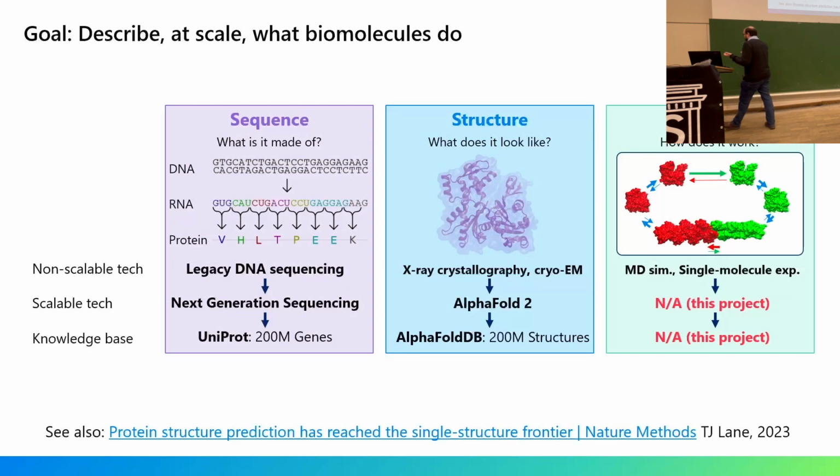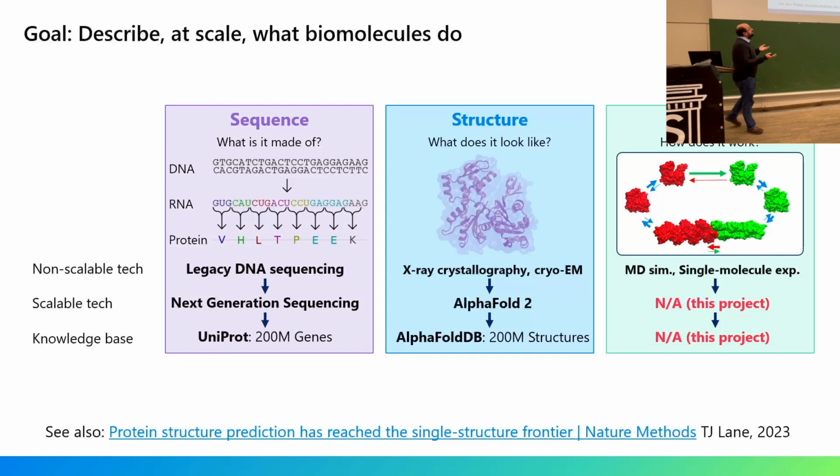And that's where we want to set in. So going from this basic variety, I already teased that, is where we have sequence, structure, and function. We can look at it and see what kind of methods are already available. In sequence, there was a lot of progress. So there was this old legacy DNA sequencing, which is now replaced by the modern next generation sequencing methods, which can essentially produce a lot of data and huge knowledge bases available, which are also actively used in many research avenues.